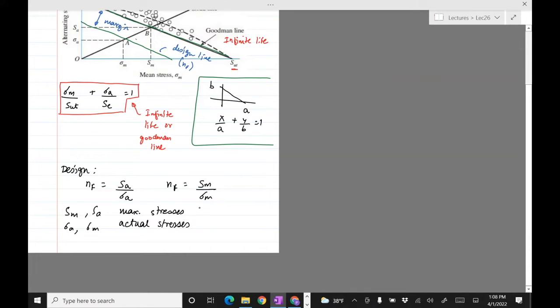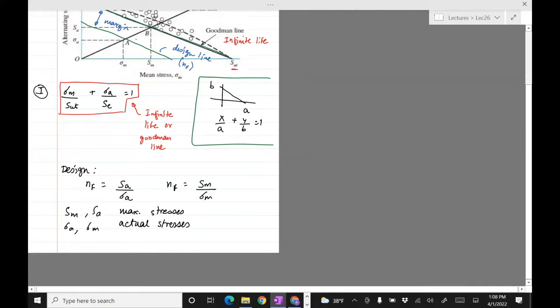All we have to do now is take that sigma A and sigma M from this equation. Let's call this 1, let's call this 2. Just substitute 2 in 1, and then we get an equation for NF, which is the design factor for fatigue loads.